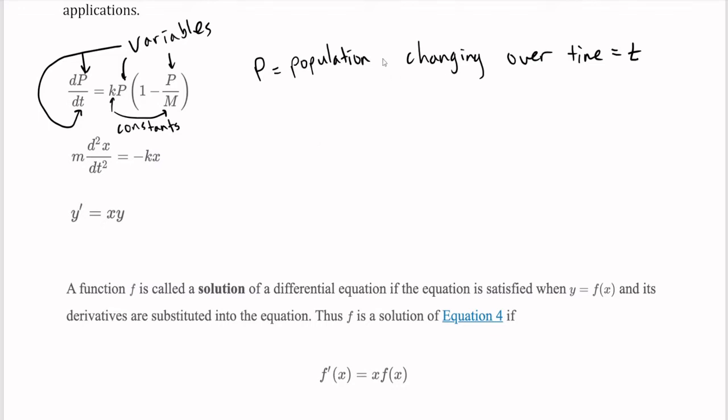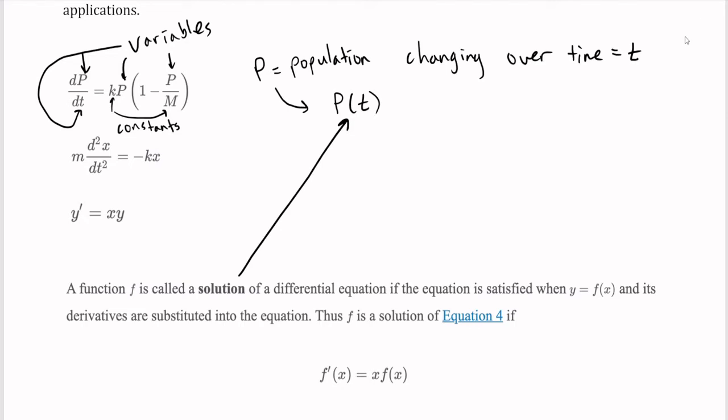So if I tell you that, it's very natural with all that we've learned in Calc 2, Calc 1, Pre-Calc, for you to say, okay, you're telling me population changes over time. That sounds like a function, so tell me what the function is. This P of t here is going to be the solution to this equation.